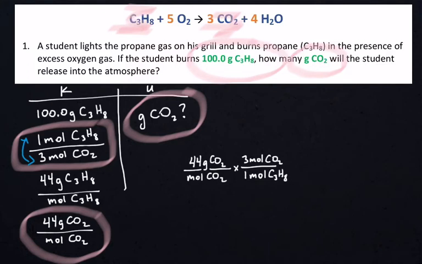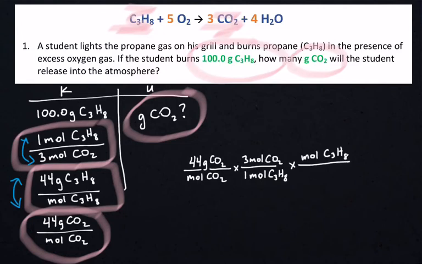Now I've got to get rid of that mole C3H8. So I go back to my known table. There it is. The mole C3H8 is on the bottom of that fraction for the molar mass of C3H8. It's on the bottom, so I've got to flip it. We're manipulating the numbers to what we want them to do, right? Trying to cancel everything out.